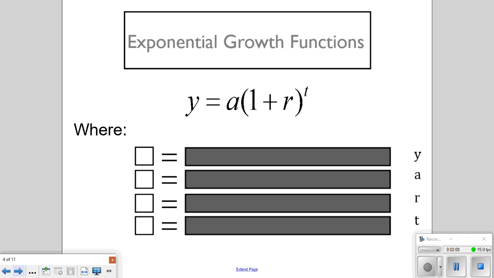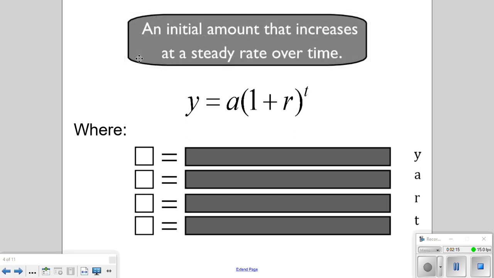Next up, we have to look at the exponential growth function. This is the standard form of it. Exponential growth is the initial amount that increases at a steady rate over time. The y value is representing your final amount. Your a value is representing your initial amount.